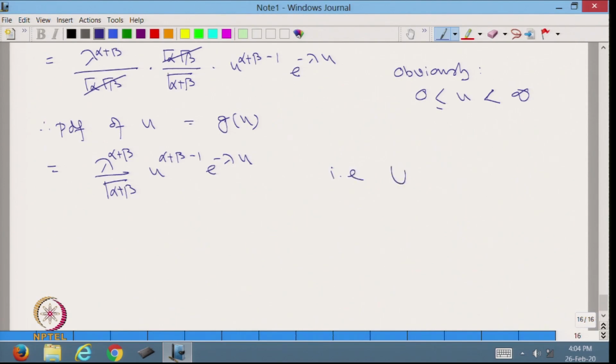That is, u is distributed as gamma with parameters lambda and alpha plus beta.